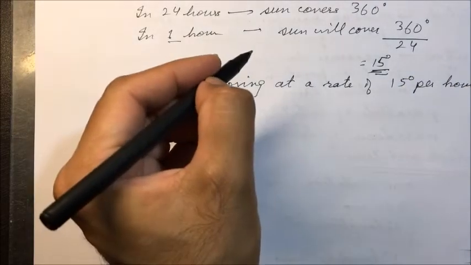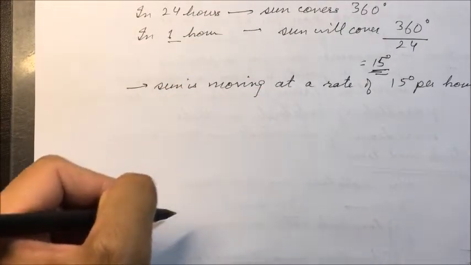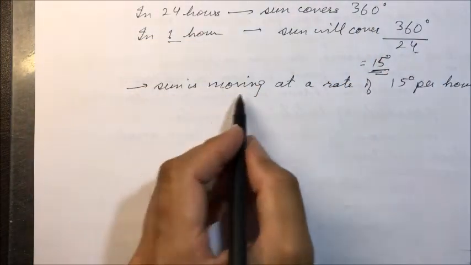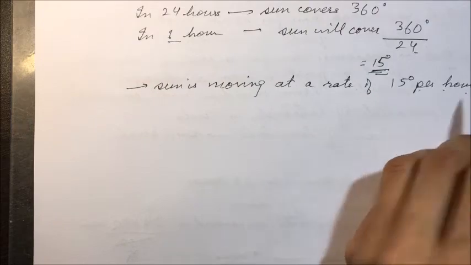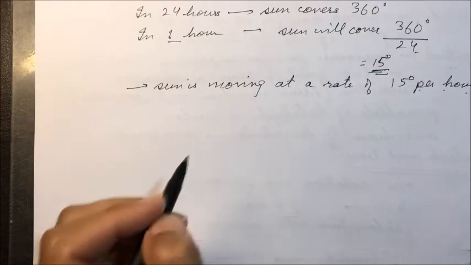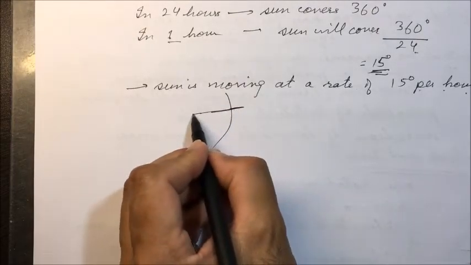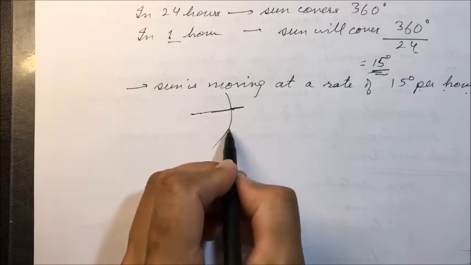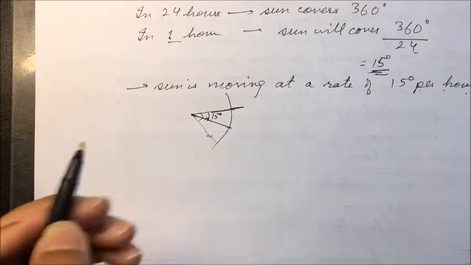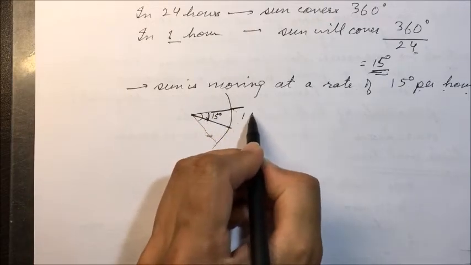The sun covers 15 degrees in 1 hour, the next 15 degrees in the next hour, and similarly it will cover 360 degrees in 24 hours. For example, if the sun is overhead here at a particular time, after 1 hour it will cover 15 degrees.